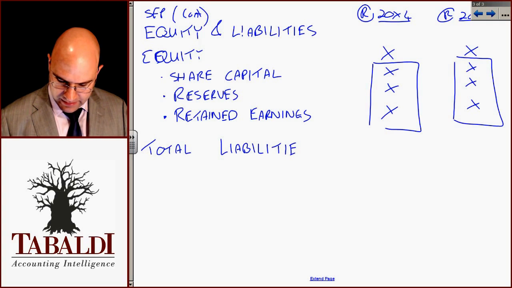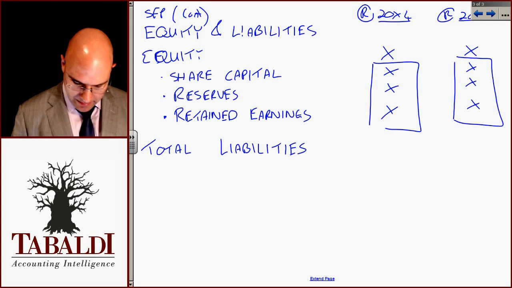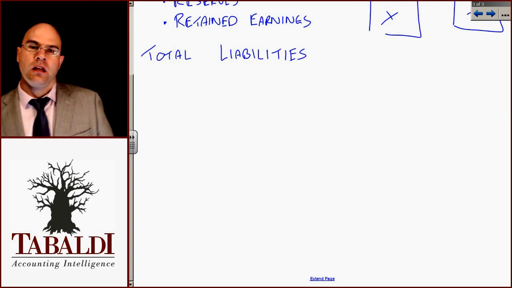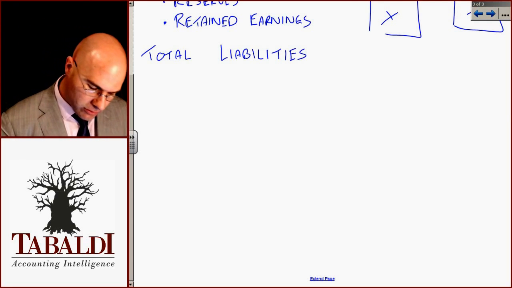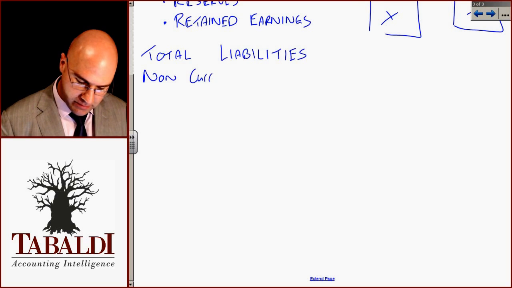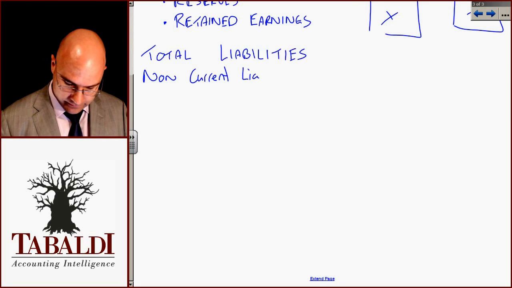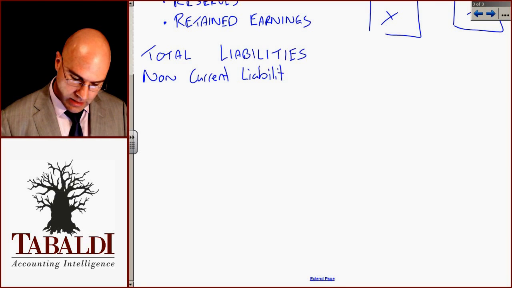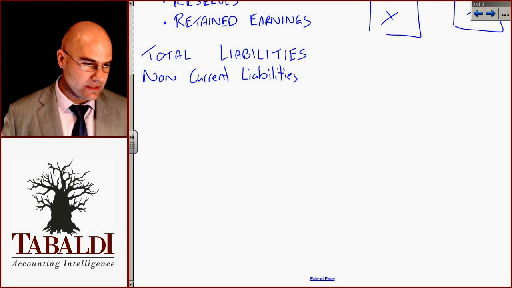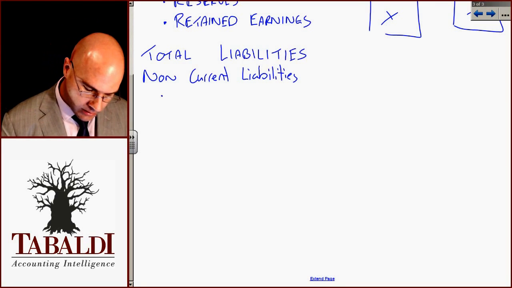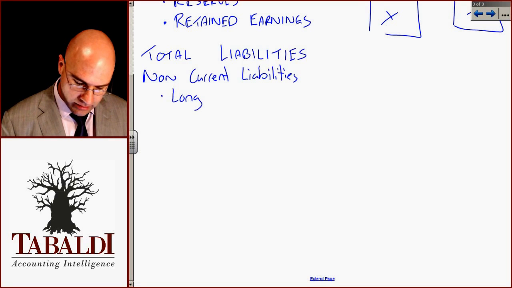And total liabilities, we'll worry about coming back to sum up in a minute. Total liabilities, let's first go and do non-current. Remember, liabilities, they'll have to be settled after 12 months. And your non-current liabilities are going to be made up of long-term borrowings, your bank loans, etc.